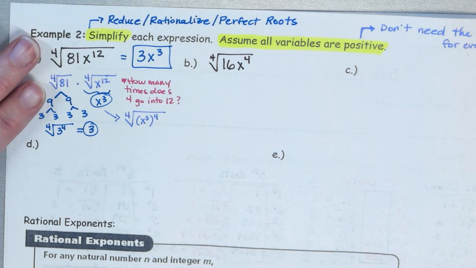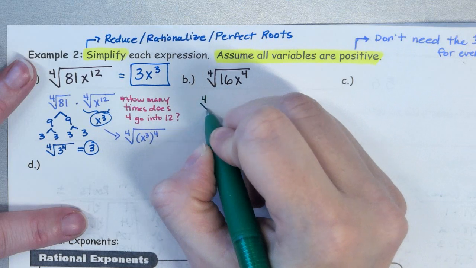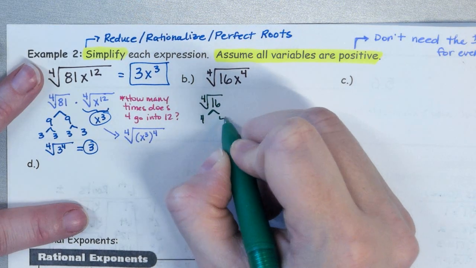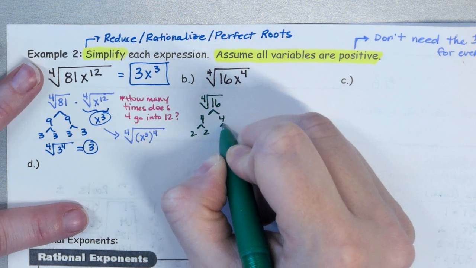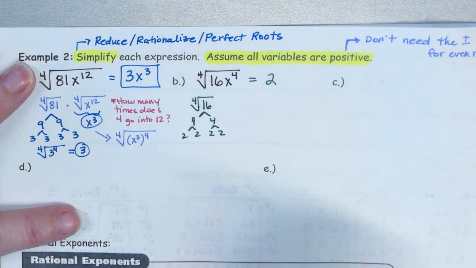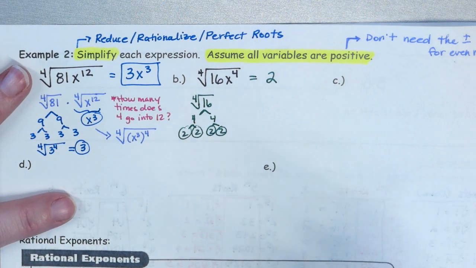Do some of you know the fourth root of 16 off the top of your head? 2, because 2 to the fourth is 16. If not, let's just break it down. So 16 is 4 and 4. That's 2 and 2. Okay, so that means 2 is going to be part of it. So I have 4, right? 1, 2, 3, 4. So 2 comes out.